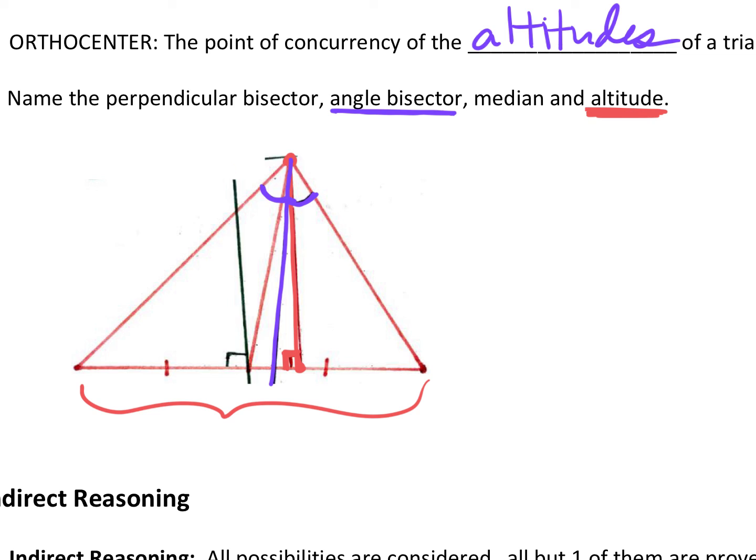What is this guy? That is the perpendicular bisector. These segments are congruent. It is perpendicular, so that's the perpendicular bisector. And then the last one is the median. It goes from the vertex to the midpoint. That's your median. Okay? That is all.